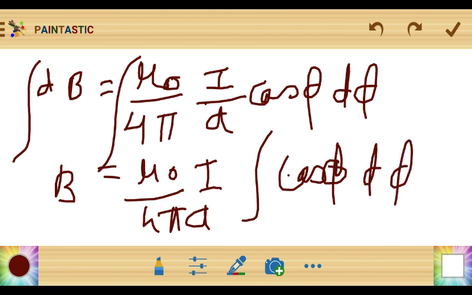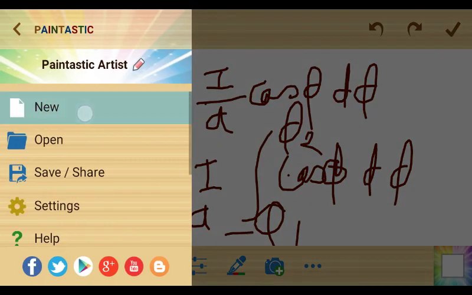And if you remember, we have extended phi from phi 1 to phi 2 to cover the complete wire. So the lower limit is minus phi 1 because it is in the downward direction, and the upper limit is phi 2. So we have changed variable. This is called change of variable to simplify the problem. This is one of the mathematical techniques: changing from one variable to another just to simplify it. So we have done it.